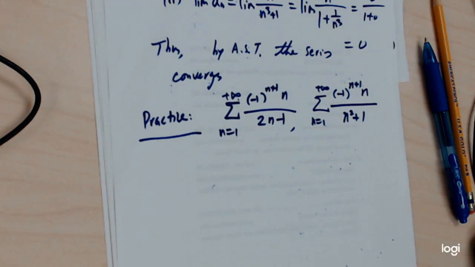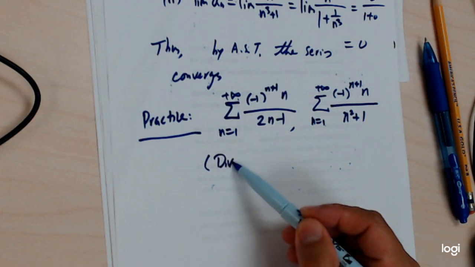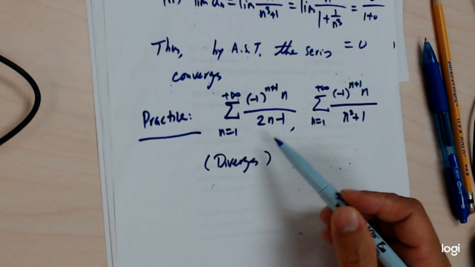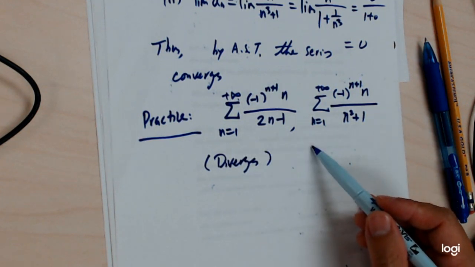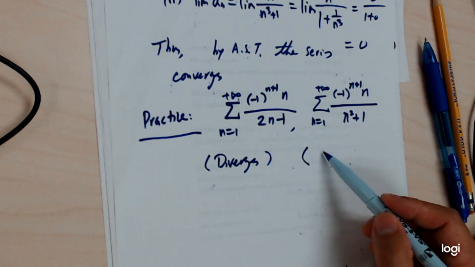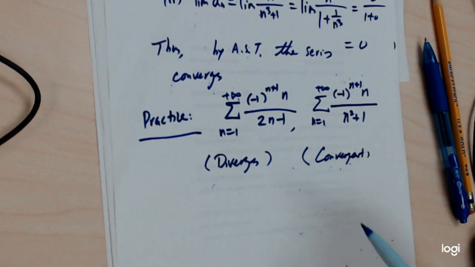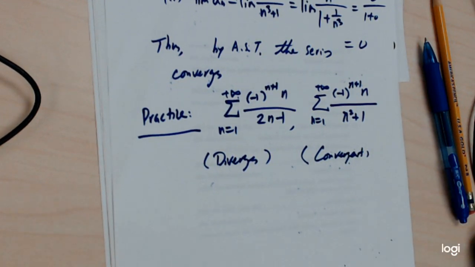Think about the differences. I can tell the answer right now. This guy diverges. Think about how I can show this, similar to one of the examples that I showed you. This one will be convergent. All right, so this is the segment on the alternating series test.